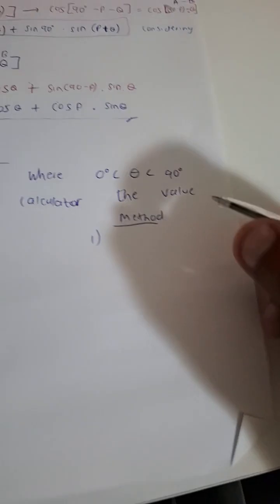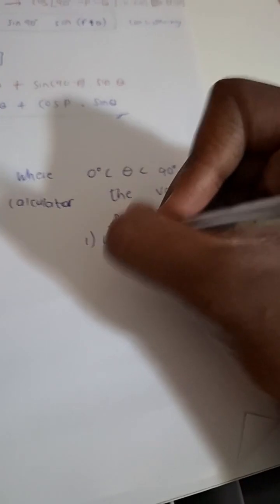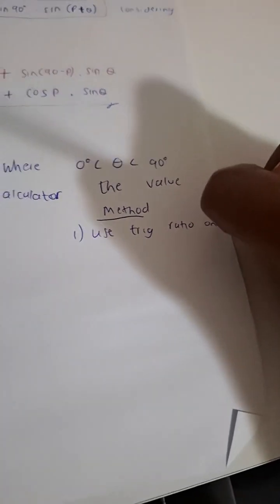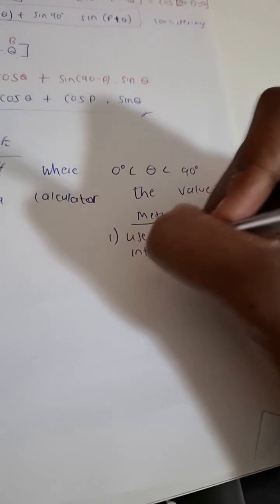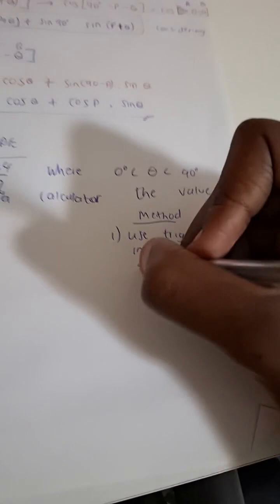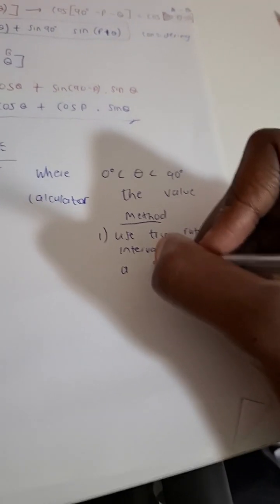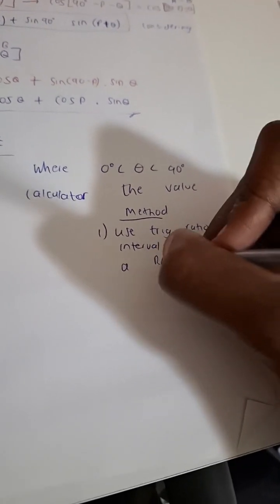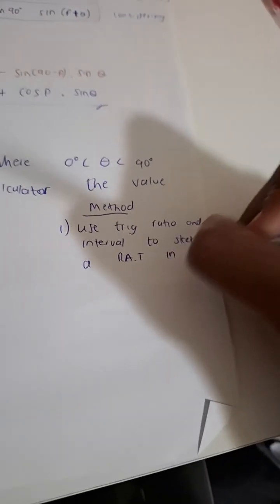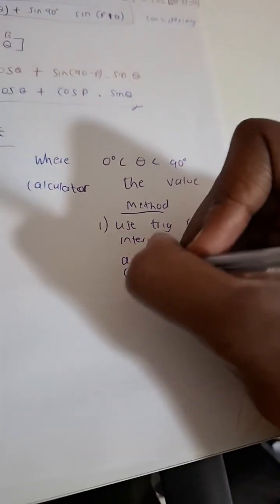One, you need to use the trig ratio and the given interval to sketch a right angle triangle, and I use the word RAT for right angle triangle, in the correct quadrant.